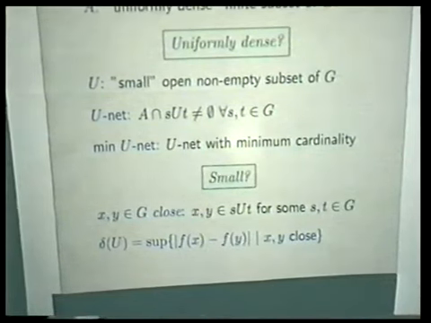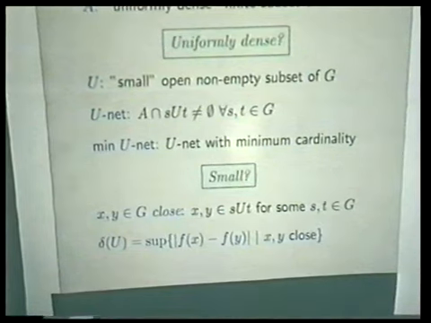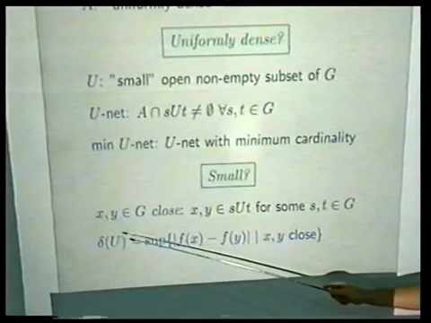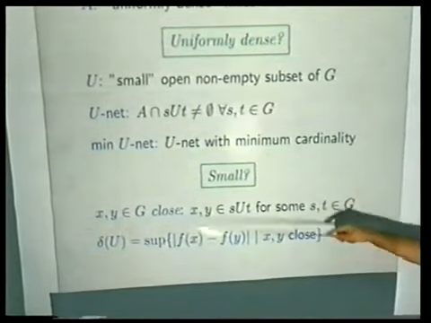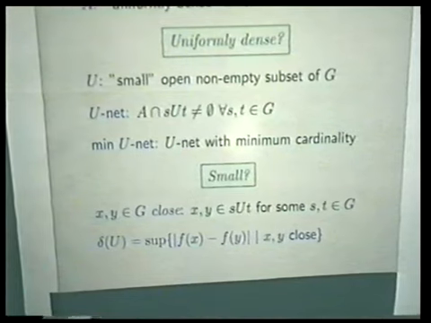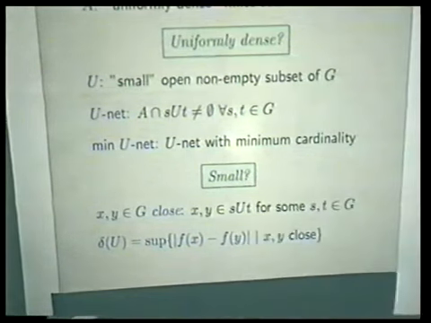In other words, it's the maximum variation on translates of U. And so small means that this delta U should be small. And again, it's trivial that such a U can be chosen. So this is the idea.